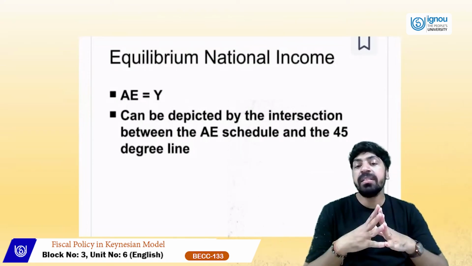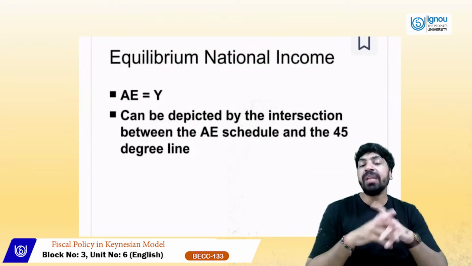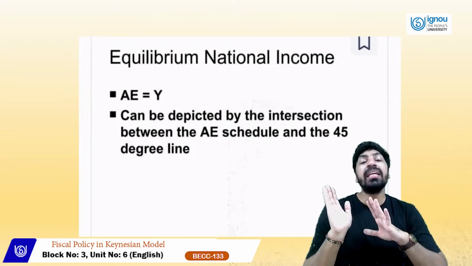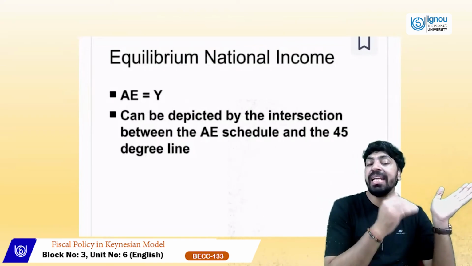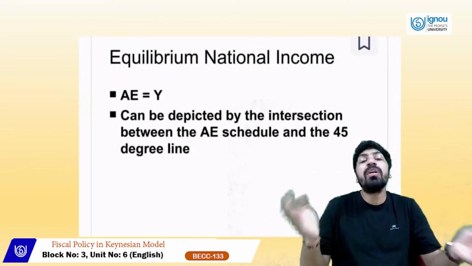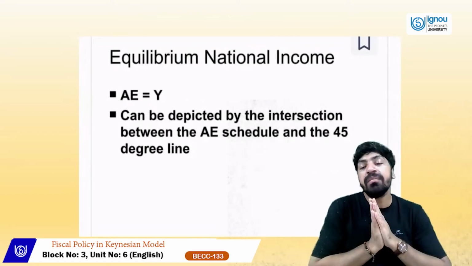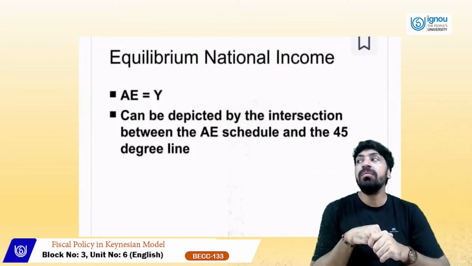This is how the 45-degree angle line, which begins from the origin, increases: if the expenditure increases, the income will also increase. And the ultimate outcome is that the aggregate expenditure is equal to income.